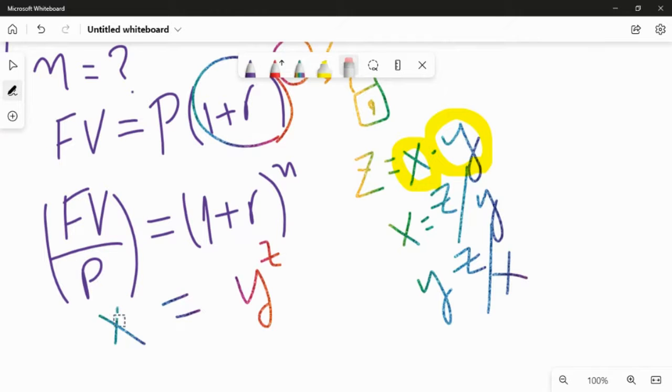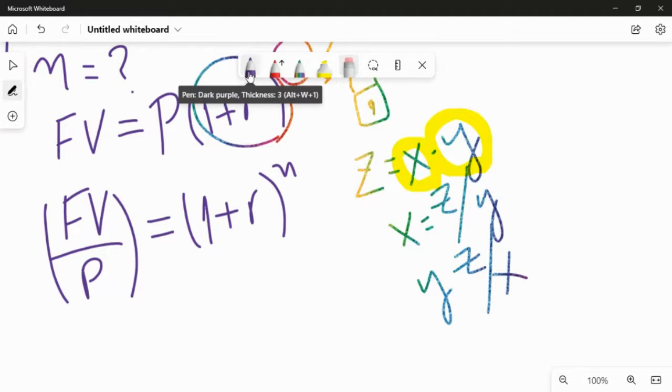This is not. It's a power function, right? And if it is a power function, you cannot divide it like this. You can divide it like this only because it is a multiplicative function, right?